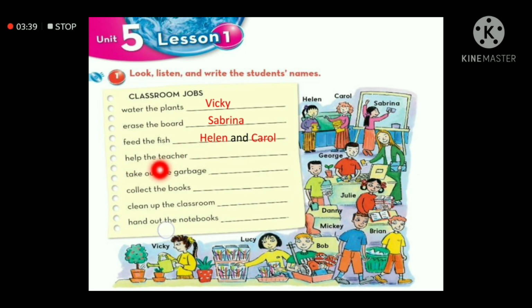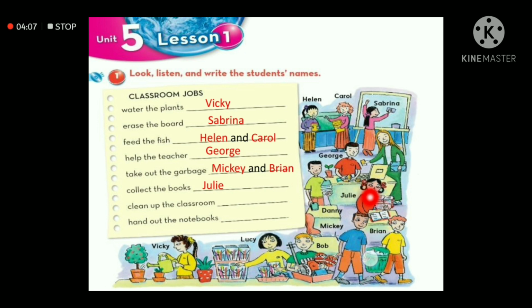Help the teacher. Look at the picture. Who is helping the teacher? Excellent. We have George. Take out the garbage. Who is taking out the garbage? Let's see. We have Mickey and Brian. They are taking out the garbage. Collect the books. We have Julie.